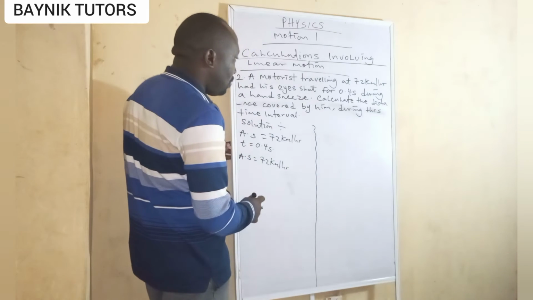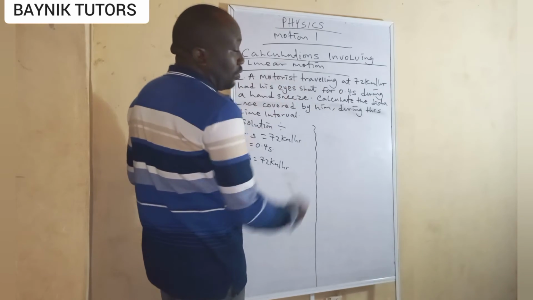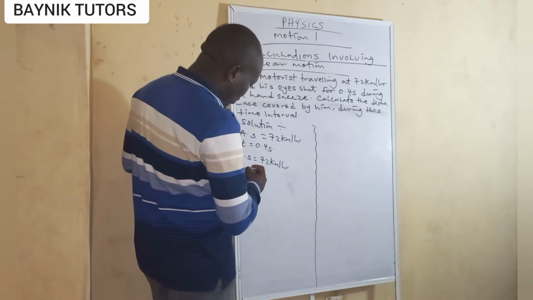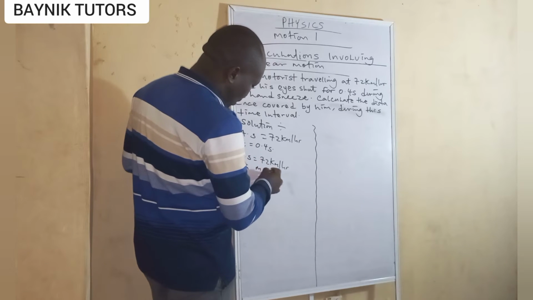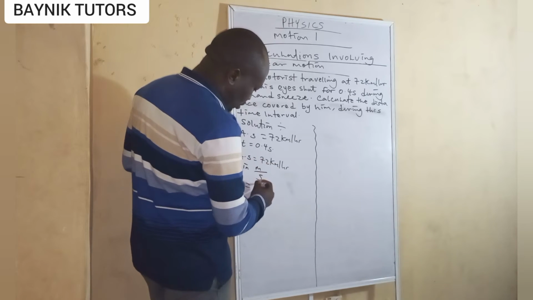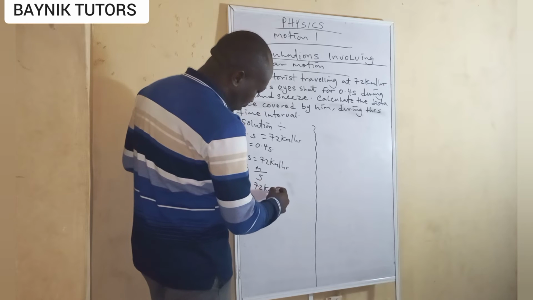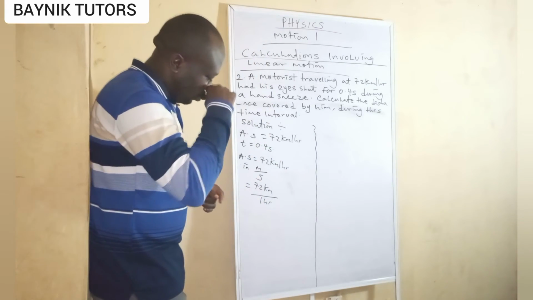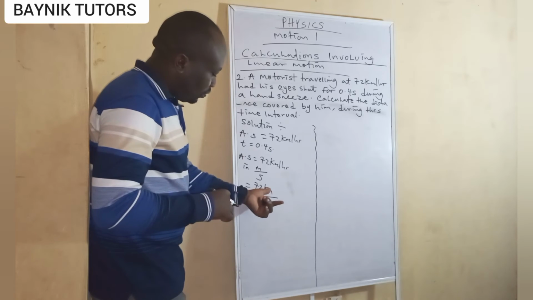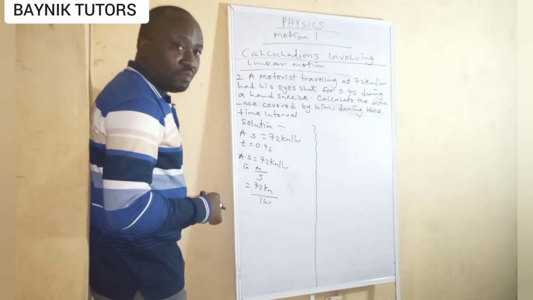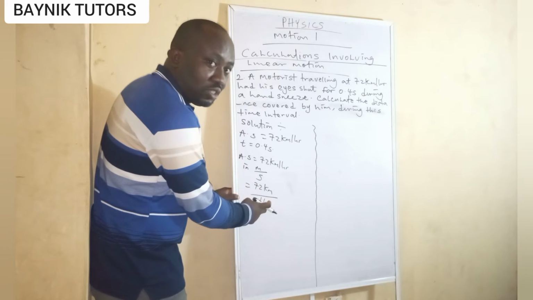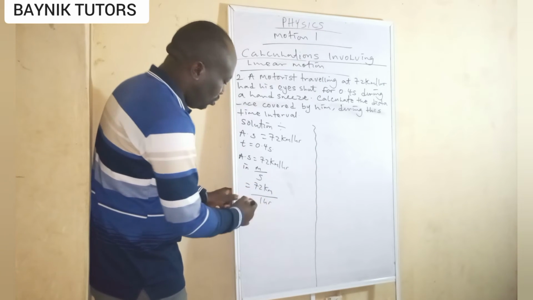Here, we want to convert it to meter per second, since our time is given to us in seconds. 72 kilometer per hour means 72 kilometer over 1 hour. So we are converting this to seconds, this to meter. So here we multiply this by 1000, multiply this by 60, which is minute. We now multiply by 60 again, which is in seconds.